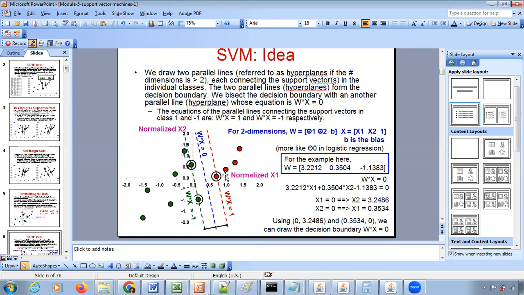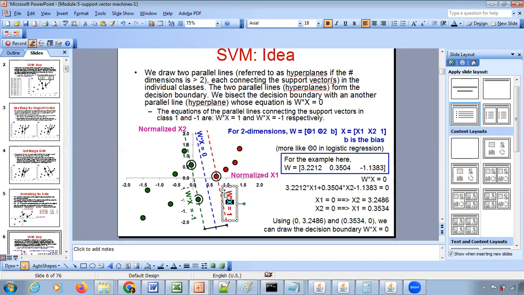So it depends on the support vectors across the two classes that we have chosen, which will form these, Wx equals 1 here, and Wx equals -1. So the support vectors are basically the x that will be part of this equation.